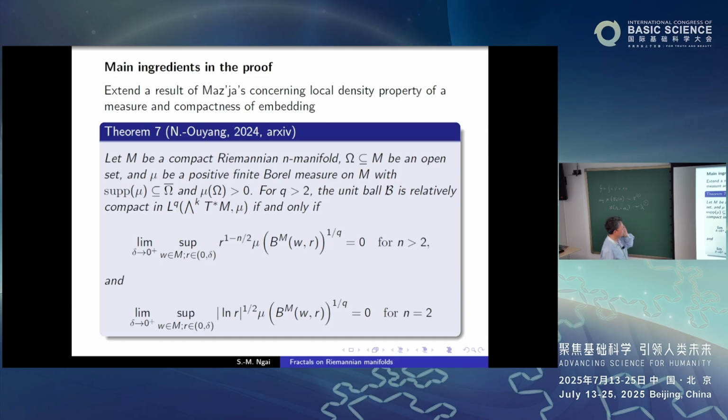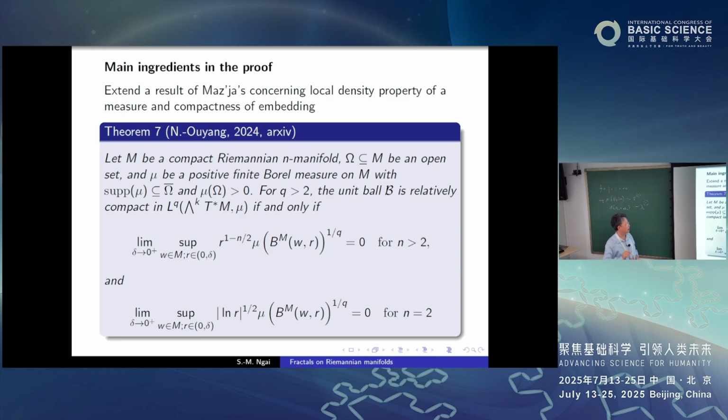But how do we get compactness of embedding? We use Maz'ya's result on Rn. So we need to preserve these local density properties when we move from the manifold to Euclidean space. So we construct normal coordinate charts that map from the manifold to Rn, and we use these charts to induce a mesh on Euclidean space Rn.